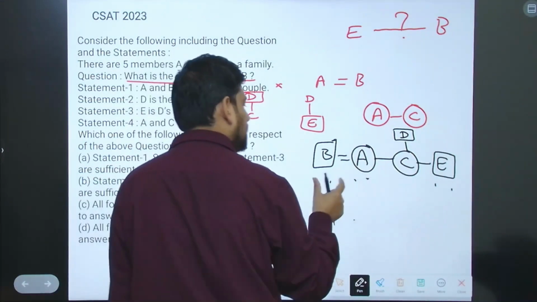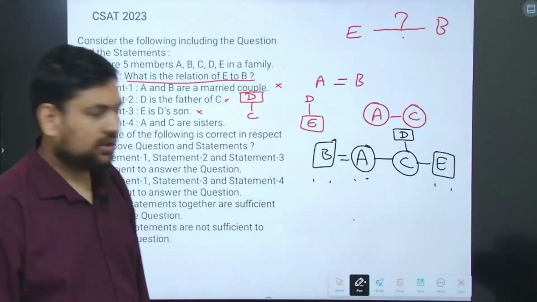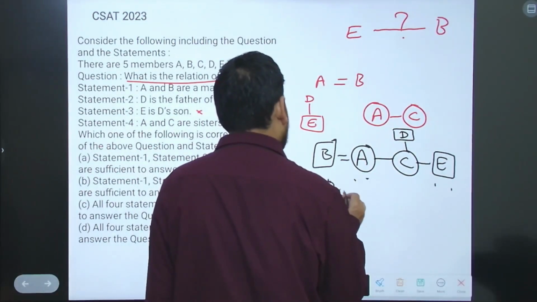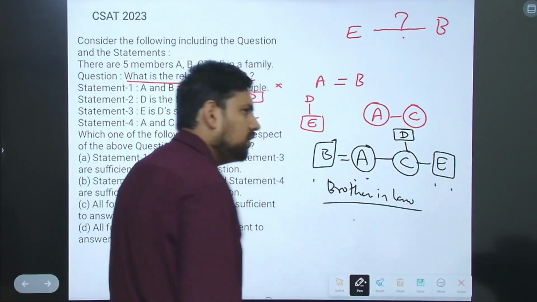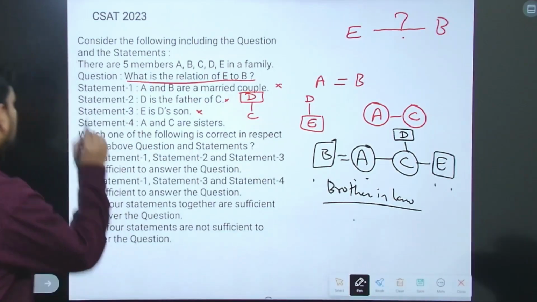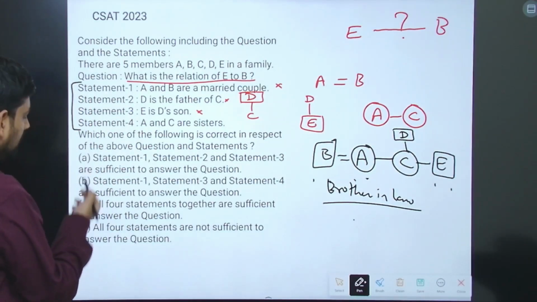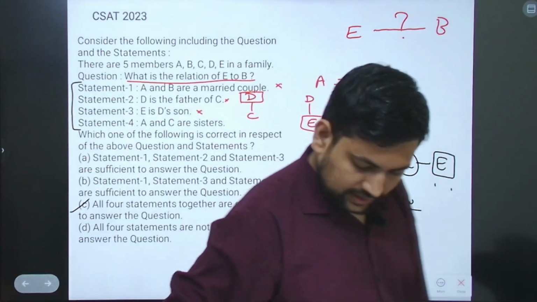So E and B are related as a brother-in-law. Okay, but that is not at all important. Only thing that's needed is for you to understand that can you find the answer. So using all 4 statements you can. So answer becomes all 4 statements together are enough to answer the question.